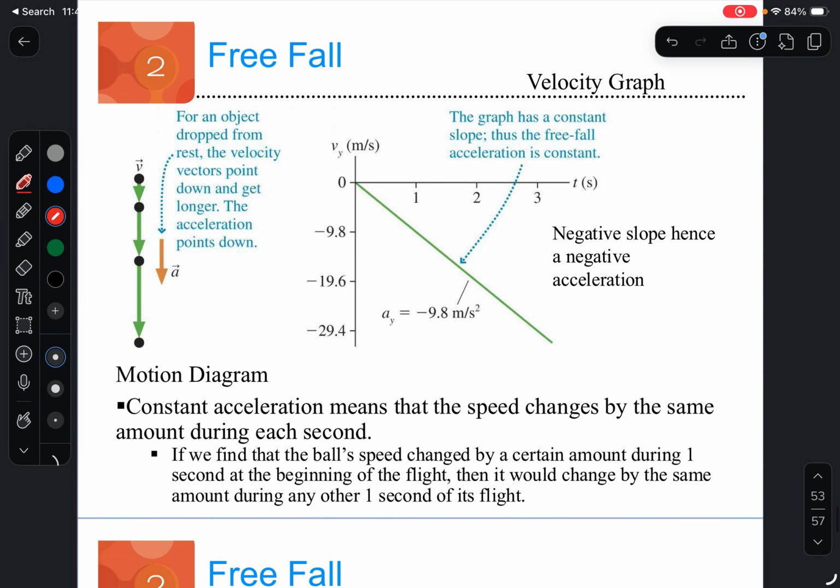When you're looking at the motion diagram, remember constant acceleration means that the speed changes by the same amount during each second. If we find the ball's speed changed by a certain amount during 1 second at the beginning of flight, it would change by the same amount during any other 1 second of flight.